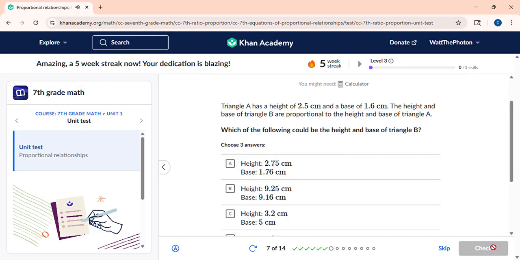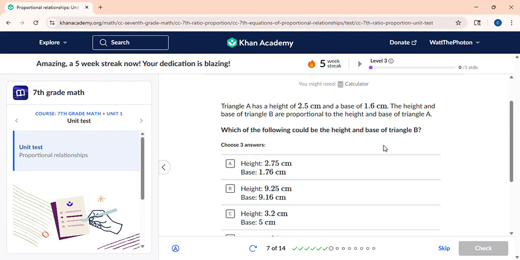There we go. Triangle A has a height of 2.5 centimeters and a base of 1.6 centimeters. The height and base of triangle B are proportional to the height and base of triangle A. Which of the following could be the height and base of triangle B? So we have 2.5 divided by 1.6.